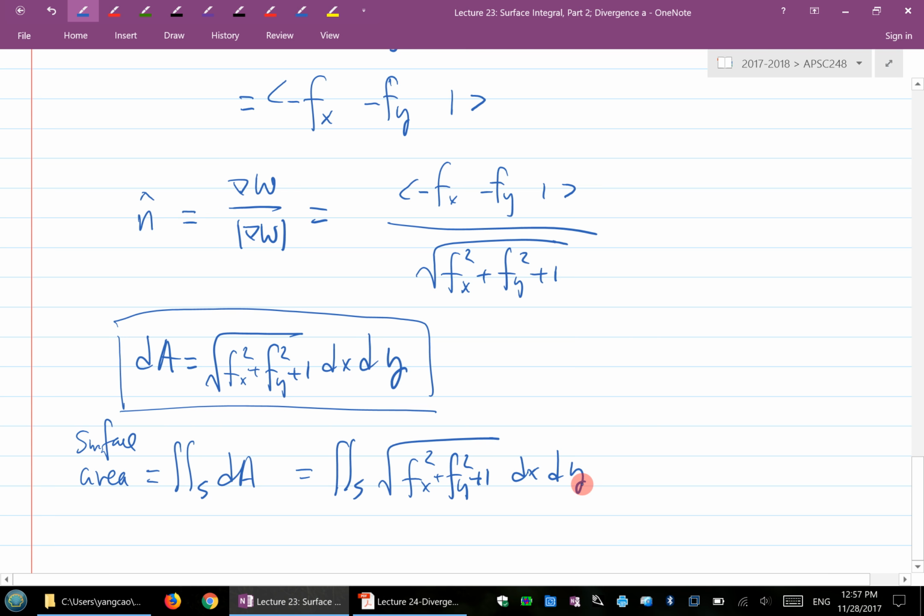So you have a surface area formula for a general surface given by z equals f(x, y). This is optional; it's not in the formula sheet, but I feel it's good to know. So that's a detailed breakdown of n hat and dA.